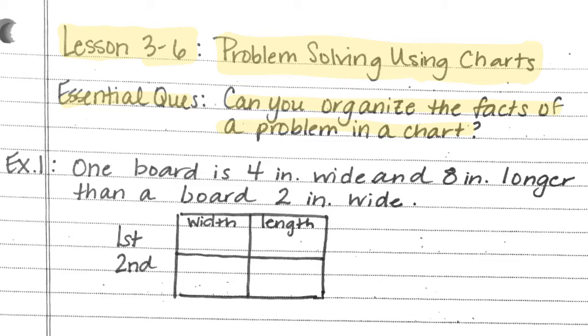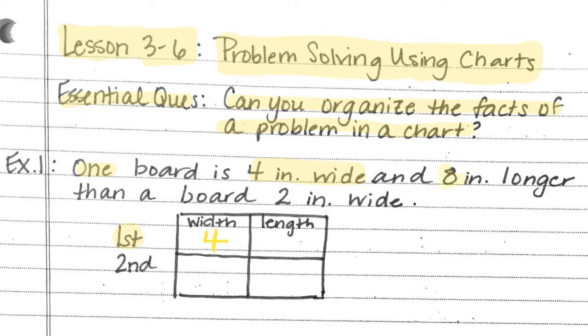Our first question says one board is 4 inches wide and 8 inches longer than a board 2 inches wide. Well, let's talk about the things we know. One board, I'll just call that the first board, is 4 inches wide. So I'm going to put the number 4 in for the width.